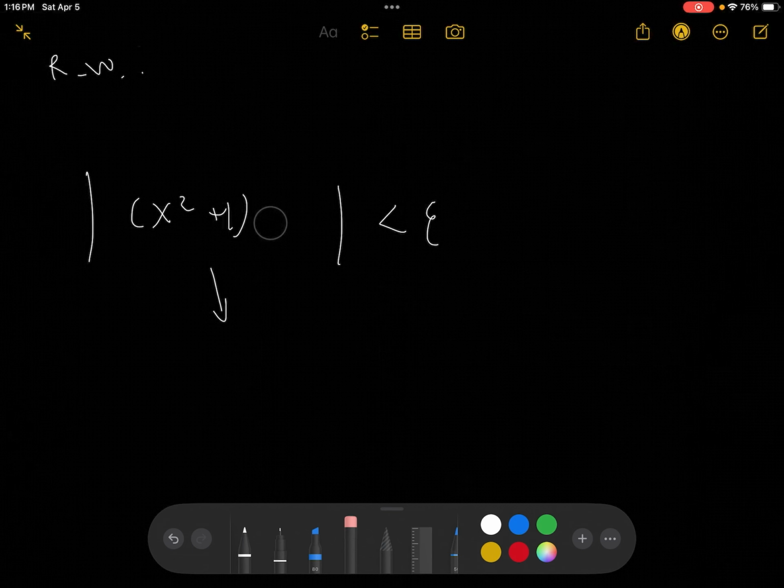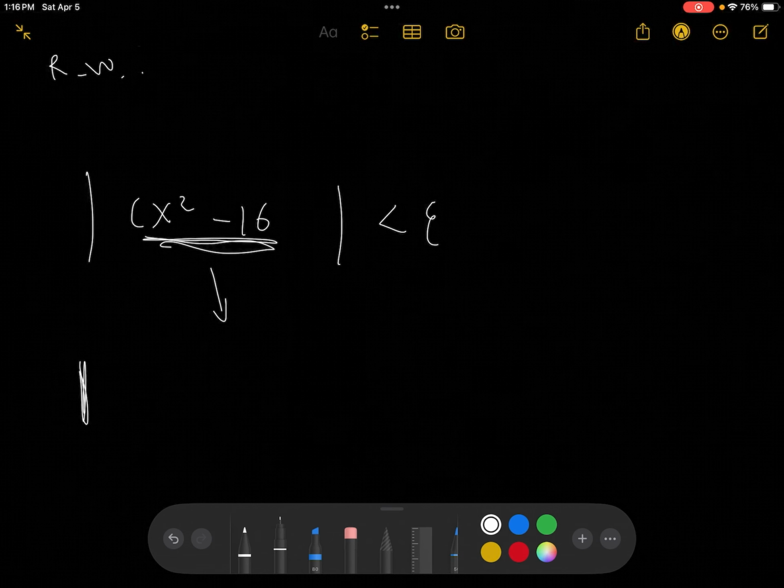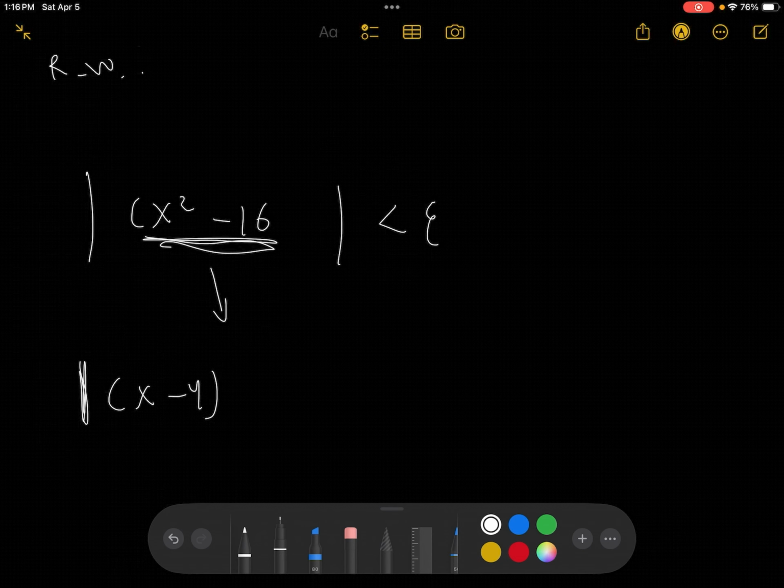So this is the same as the absolute value of x squared minus 16, and now we can factor this expression. This is going to factor into x minus 4 and x plus 4.